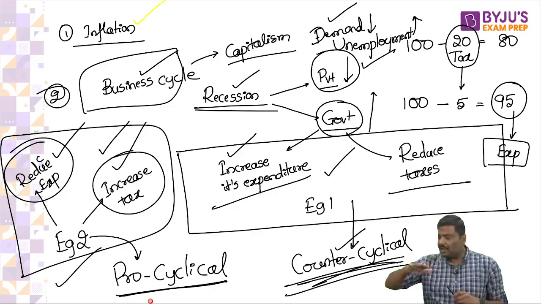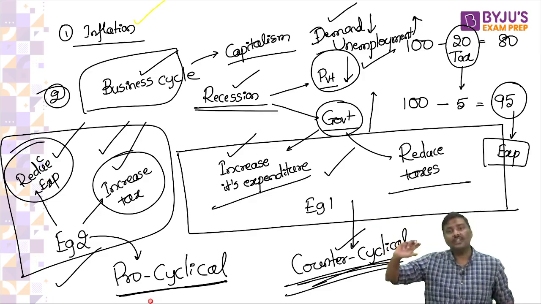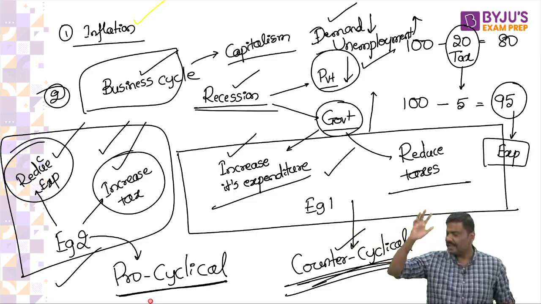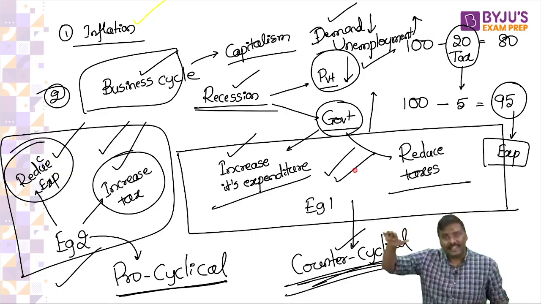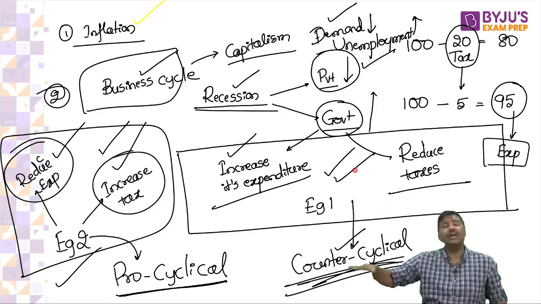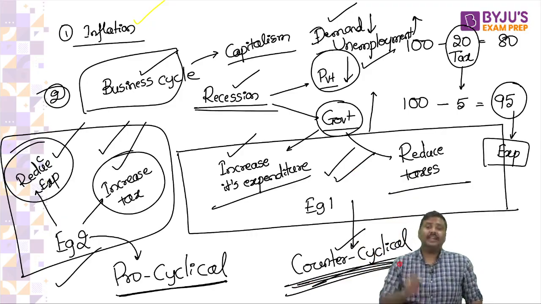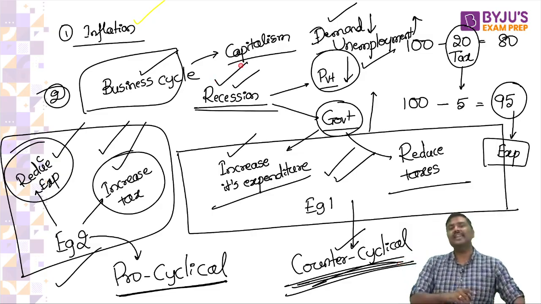So any policy of the government which increases the intensity or severity of the economic phase is called pro-cyclical, and any policy which reduces the intensity or severity of the phase is called counter-cyclical. Now tell me, if there is a recession, should the government follow pro-cyclical or counter-cyclical?